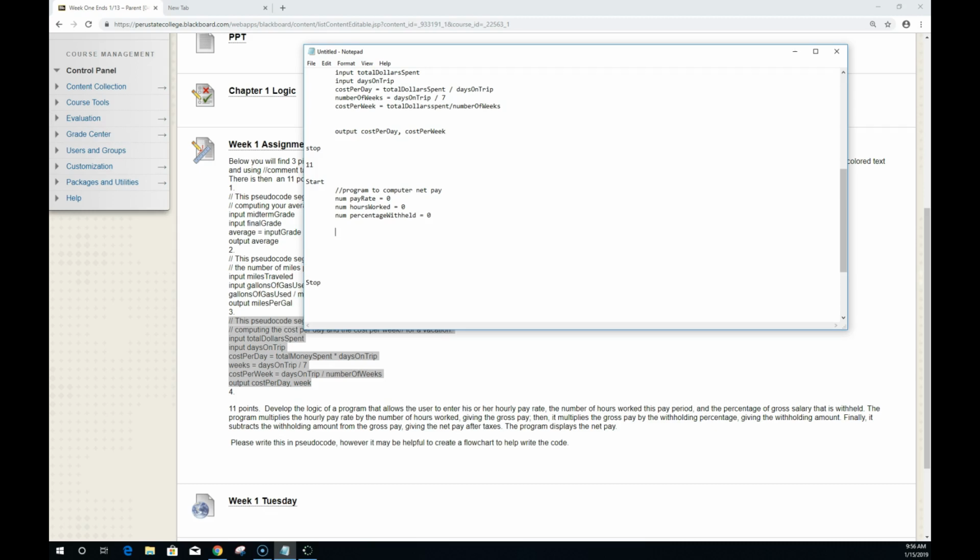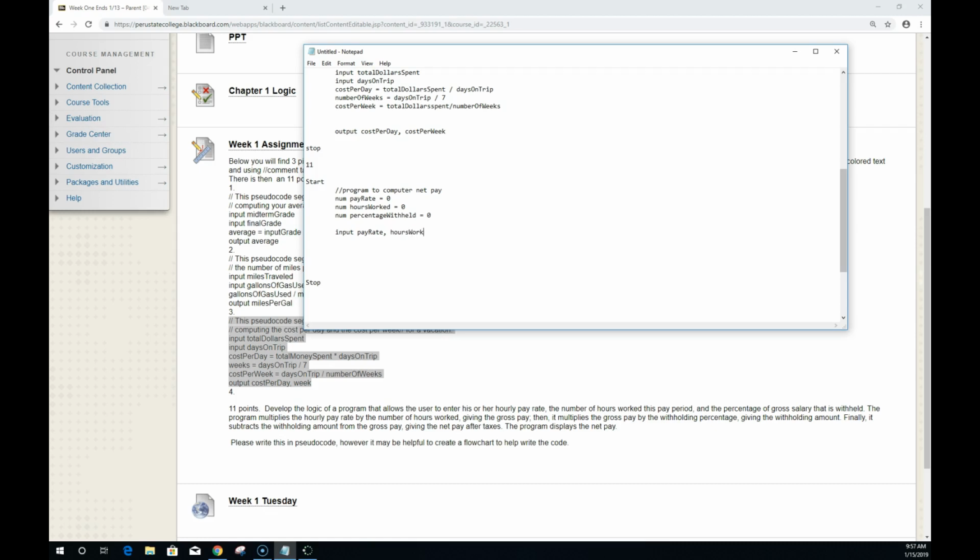And from those already, we know we can input pay rate. And I'm actually going to combine these. You don't have to. They could be on a separate line. Just to make it a little shorter in here, I'm going to combine those.